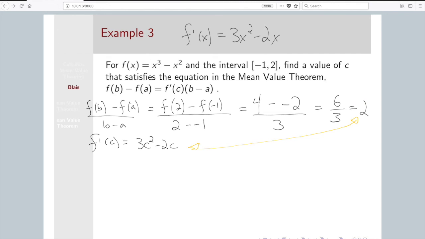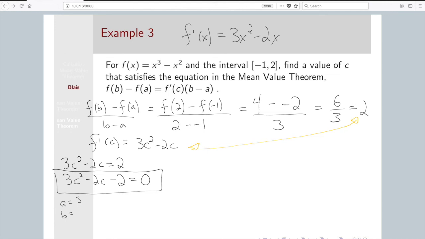So we now solve the equation 3c squared minus 2c equals 2, or 3c squared minus 2c minus 2 equals 0. And we solve this using the quadratic formula. So we have a equals 3, b equals minus 2, and c equals minus 2.